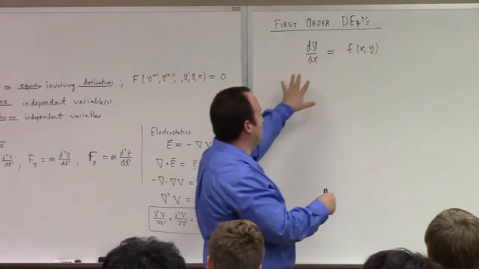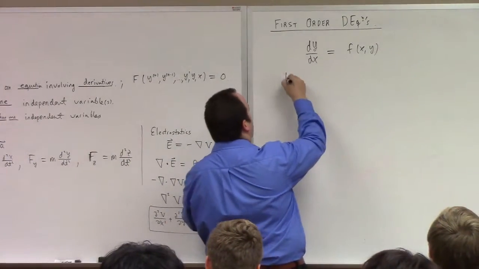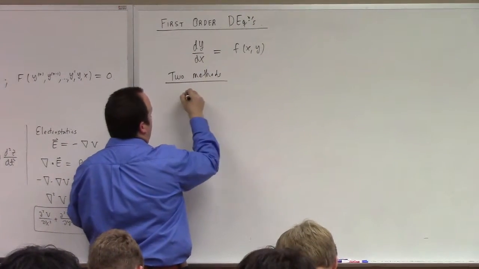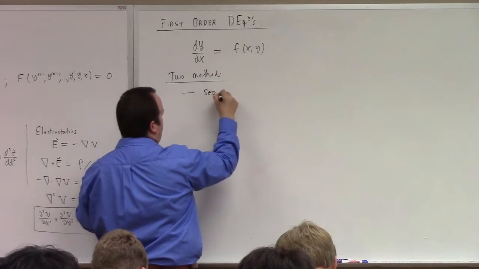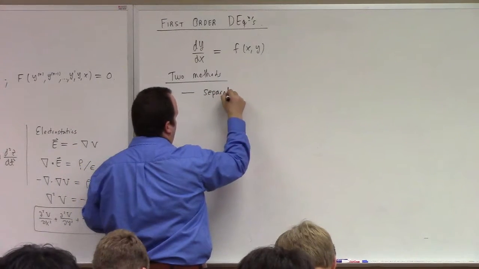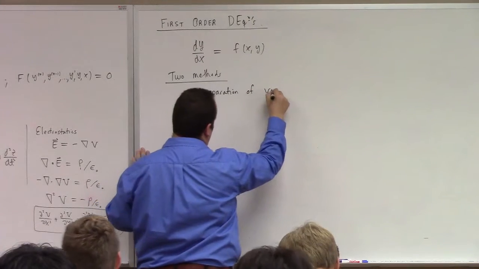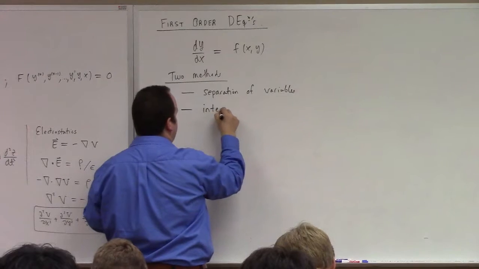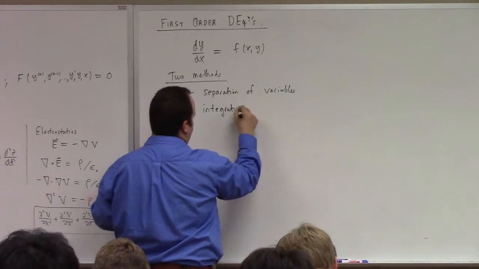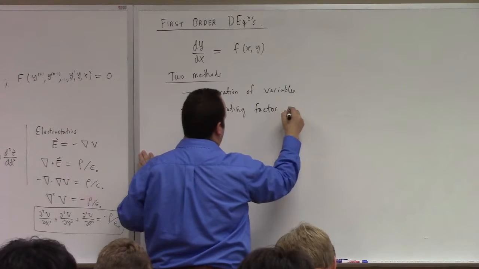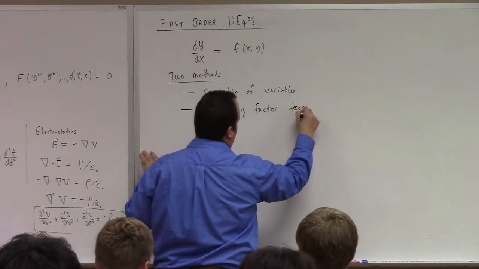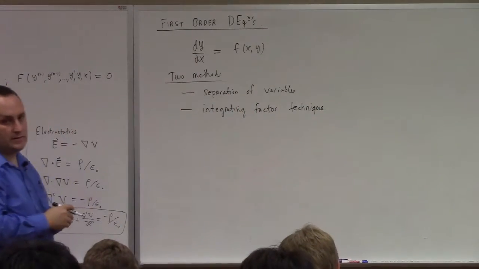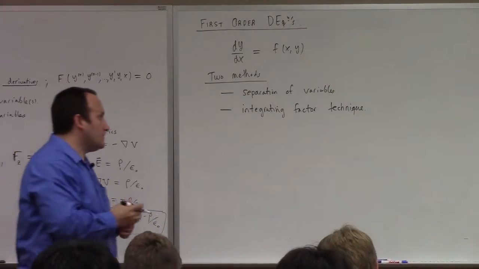So we'll focus here on the two methods: one is separation of variables, the other is the so-called integrating factor technique. These are both limited in their scope, in the sense that they only apply to certain problems, but not all. All right? So let's get to it.